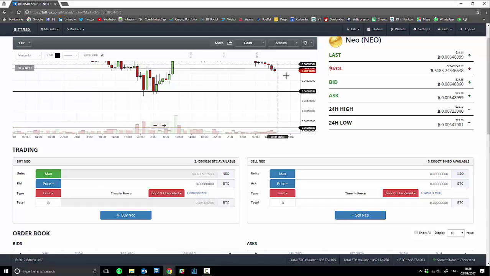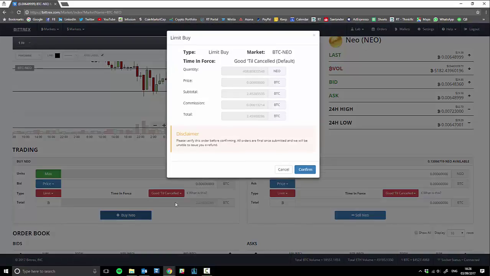So if the price goes back down here and hits this level, my entry buy order is going to be activated. Are we getting 408 NEO at this price level? So I'm going to put in the entry order.